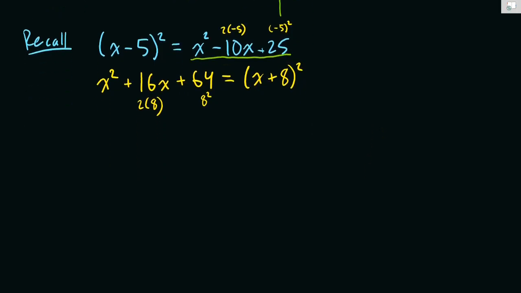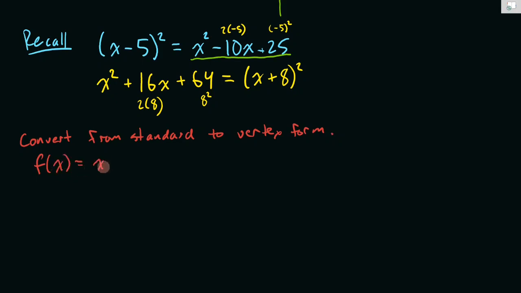So let's go through and try an example. So let's convert from standard to vertex form. Let's start with a fairly straightforward one. f of x will be x squared minus 6x minus 5.